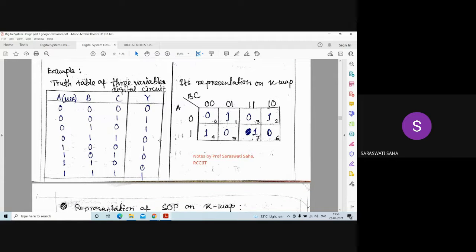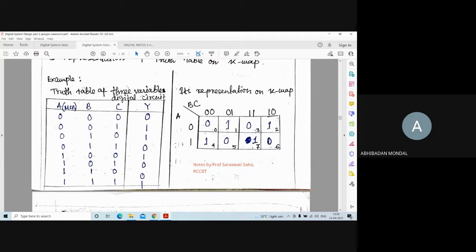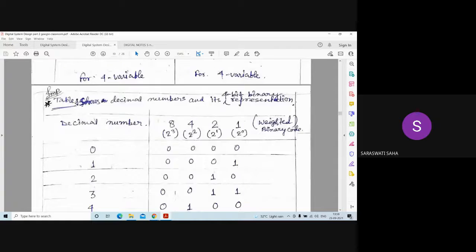When we represent the truth table in the Karnaugh map, how do we put the values here? As there are 3 input variables, we will draw this Karnaugh map having 8 cells, because 3 variables means 2 to the power 3, that is 8 combinations.